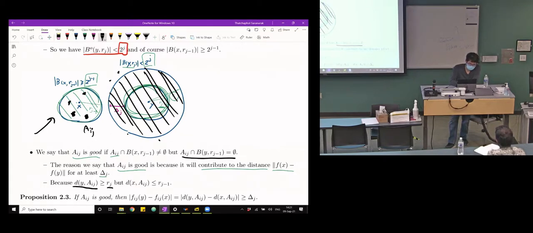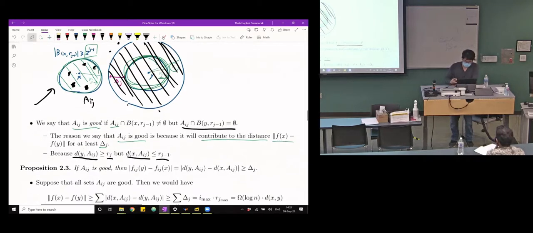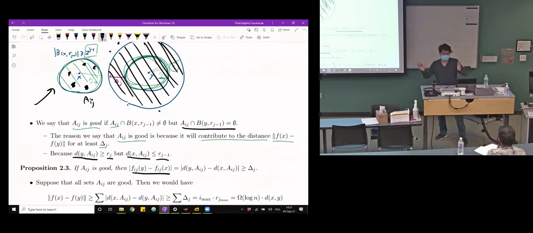But it contains something inside this small ball, so the distance from X to Aij is this. So the difference between these two distances is at least delta j. So basically, if you look at the coordinate ij in the mapping, Aij contributes at least delta j.